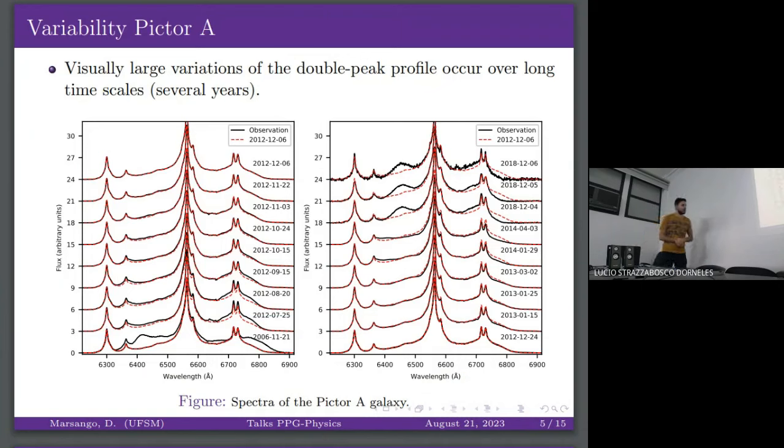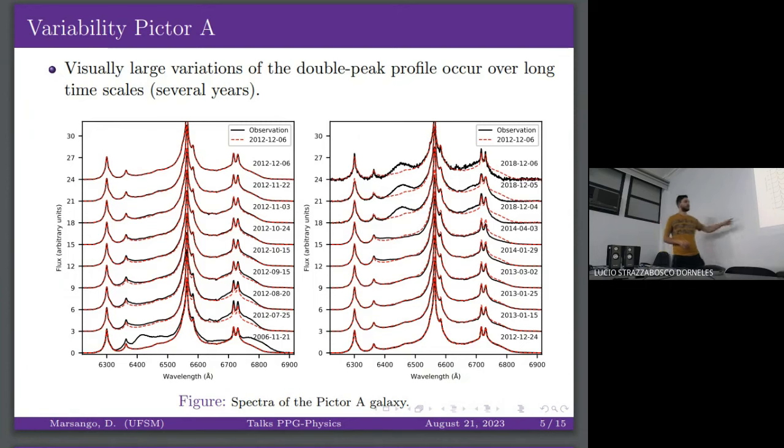This figure shows the spectrum of the galaxy Pictor A. This spectrum is composed of 18 observations over 12 years. It's possible to identify significant variation when comparing observations separated by many years.